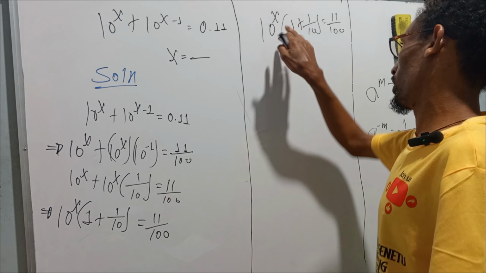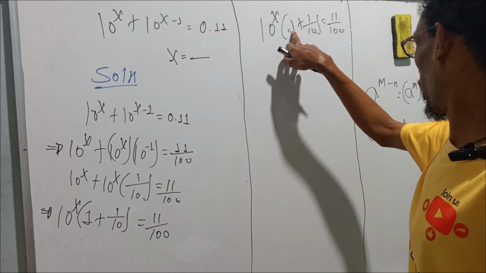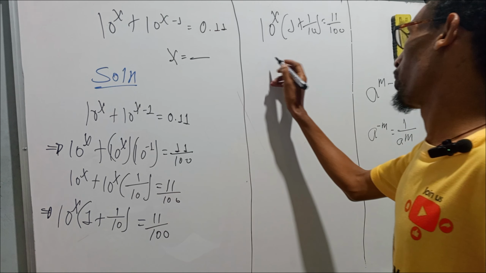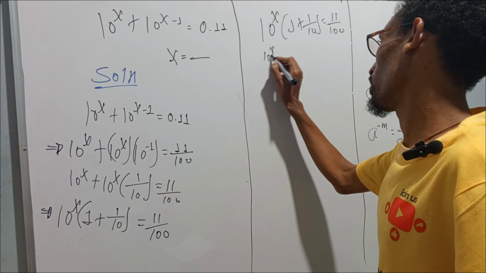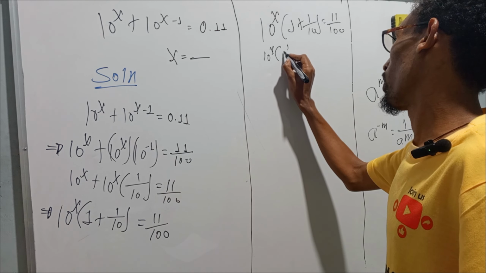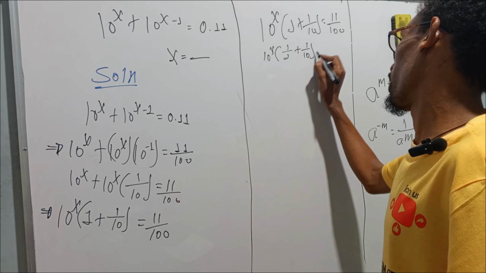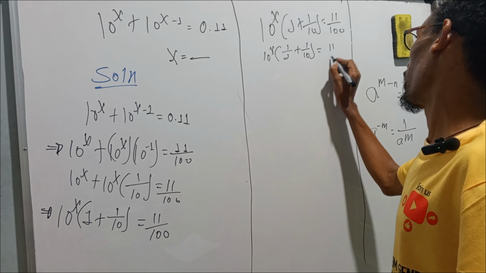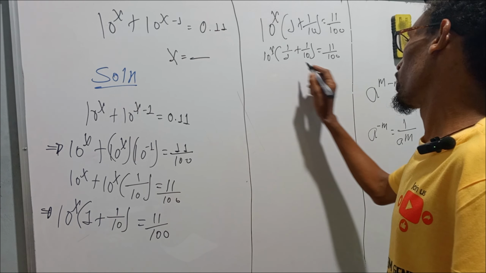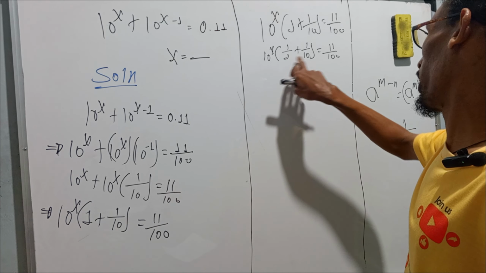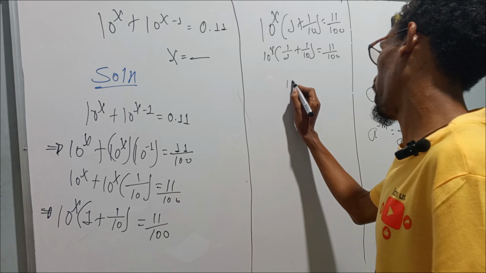So we must add up 1 with 1 over 10. So we get 10 to the power of x in bracket, let's say 1 over 1 plus 1 over 10 in bracket, which is equal to 11 over 100. So we must take the least common multiple of 1 and 10, which is 10.